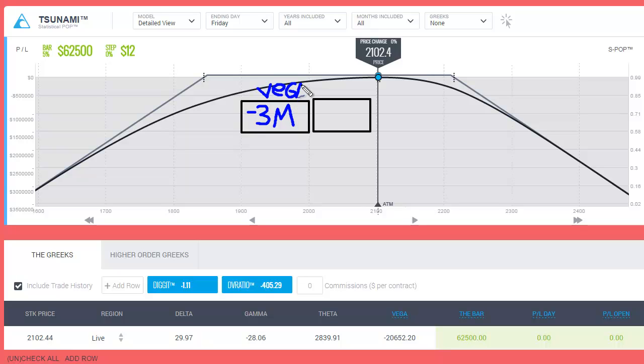As we go this way, the volatility increases, and for every point it increases, you're losing $3 million. Back in August, the vols went up about 20 points, so it's approximately 60 million, and that'll be like the loss created.